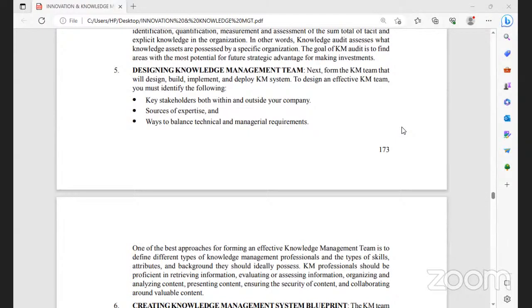Next, areas of expertise should be clearly identified. Next, key stakeholders will be both from inside the company and outside the company. Advisors we can appoint from outside, promoters and promoter group from inside, employees from inside, and some external auditors from outside. Like that, stakeholders of the company.